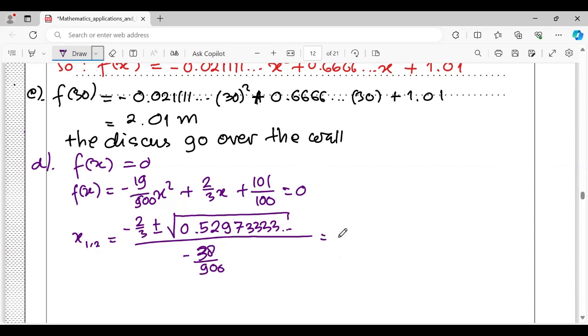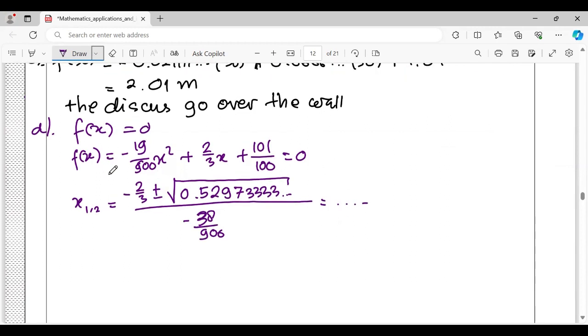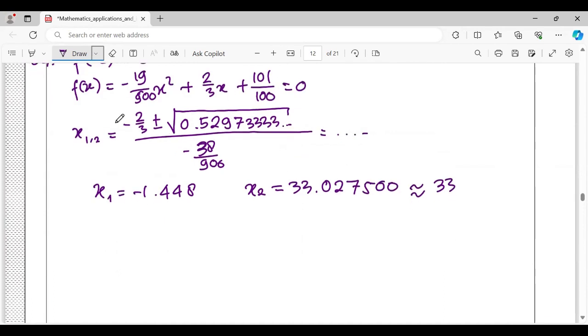If you calculate, the first x is minus 1.448, but distance is never negative. x2 is 33.0275, so the horizontal distance is approximately 33 meters. Yeah, that's one.